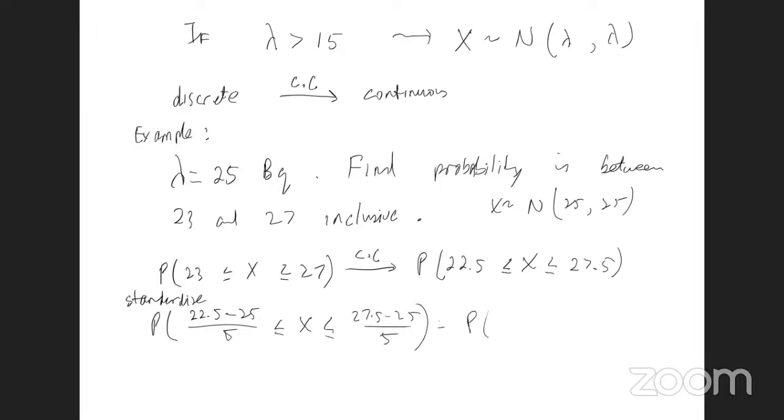So that'll give you the probability between what? 2.5 over 5, so that'll be minus 0.5 to positive 0.5.